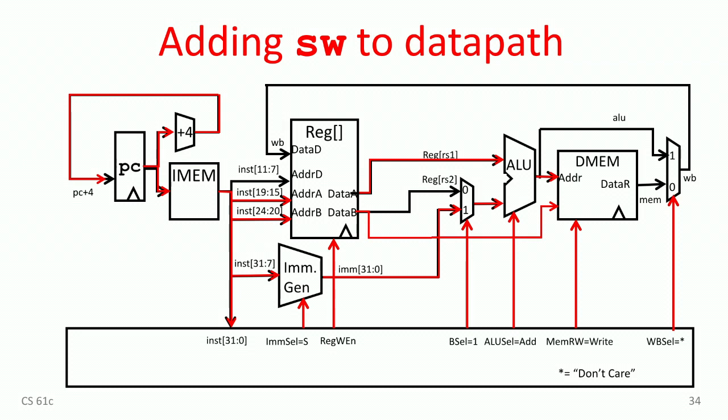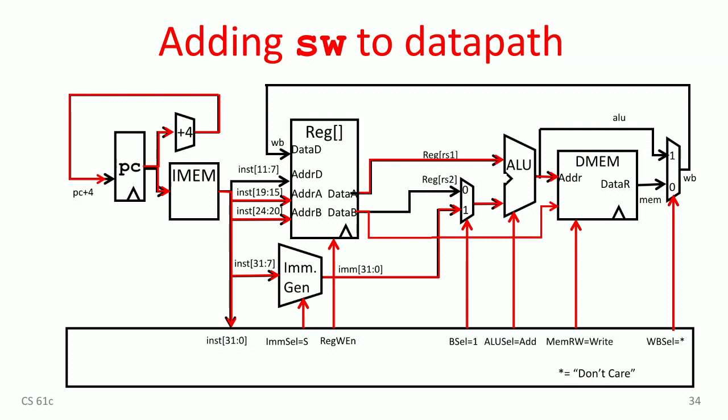So it's shown in red. I show the path through here for this instruction. Again, we use the immediate block, get RS1 out, and add that immediate to RS1. That gives us an address. RS2 also comes out. That goes to the data memory. On the rising edge of the clock, we change the value here. And there's no write back into the register file. So this is a don't care in this case.